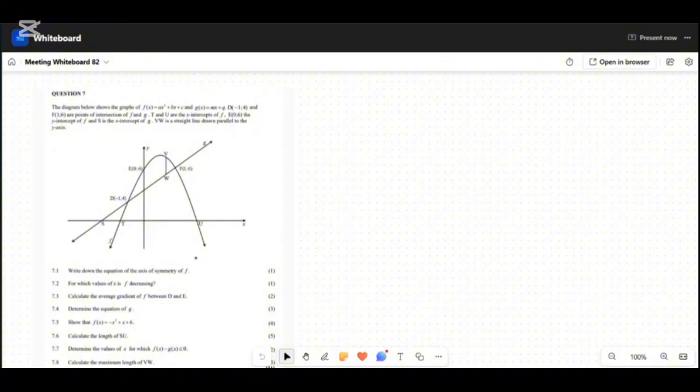So is there any way that they give us the x? No, they didn't give us any value of the turning point there, right?